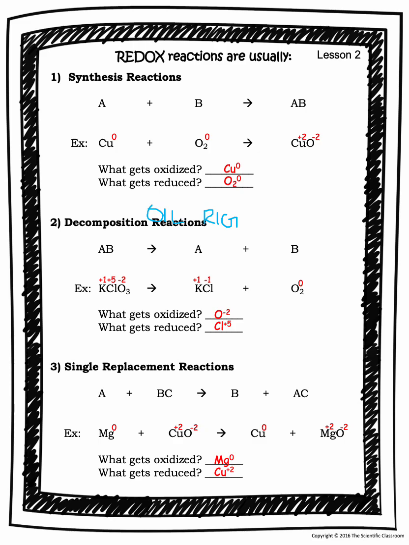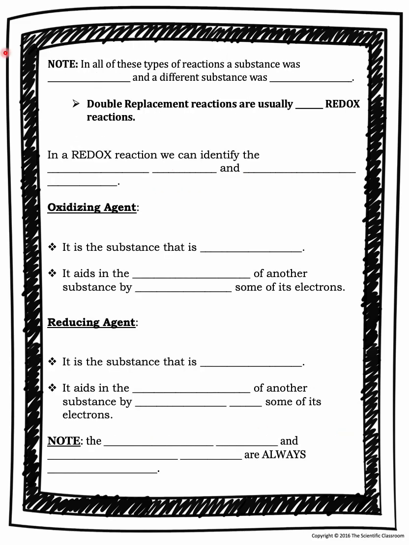So in all of these types of reactions, didn't matter if it was synthesis, single replacement, whatever, something got oxidized and a different substance got reduced. In a redox reaction, we can identify what's called an oxidizing agent and a reducing agent. This part can confuse some kids.